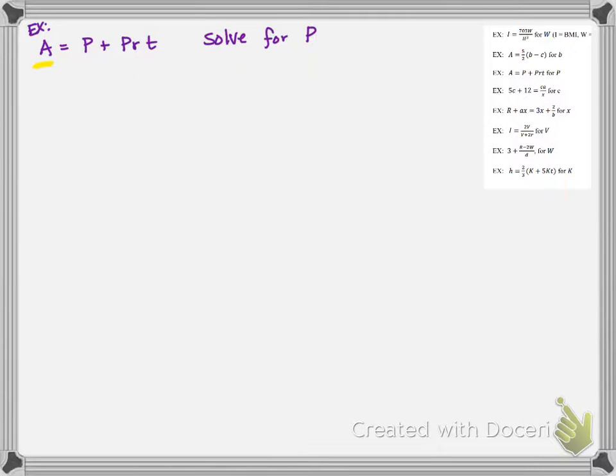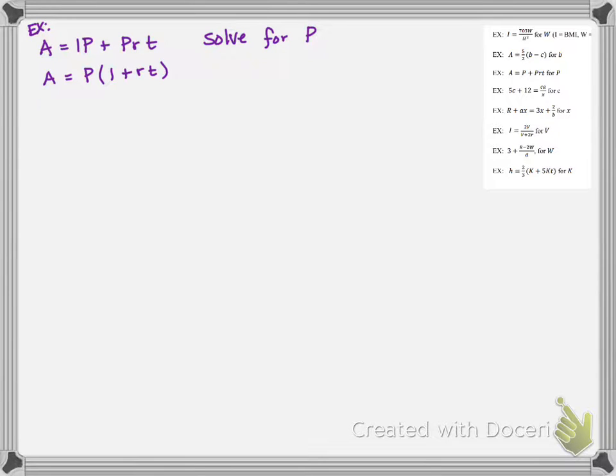But now we have this other problem where we have two terms that contain P, and the way that we're going to deal with that is just by factoring the P out, because we can see that both terms on the right have a common factor of P. So we can write that as P times 1 plus RT, right? Thinking of this as like 1 times P. Well, now I can get P alone just by dividing, right?